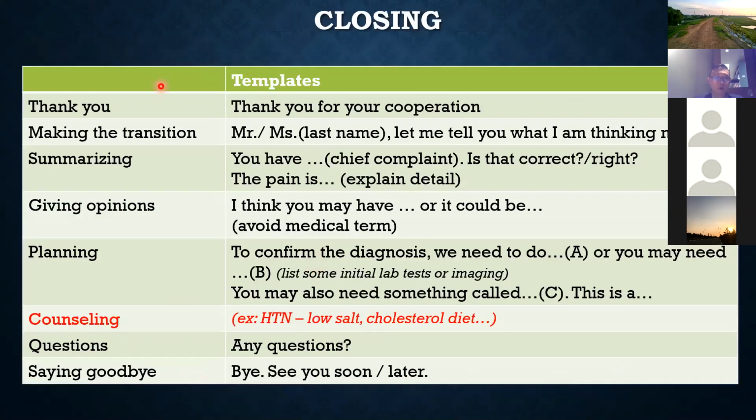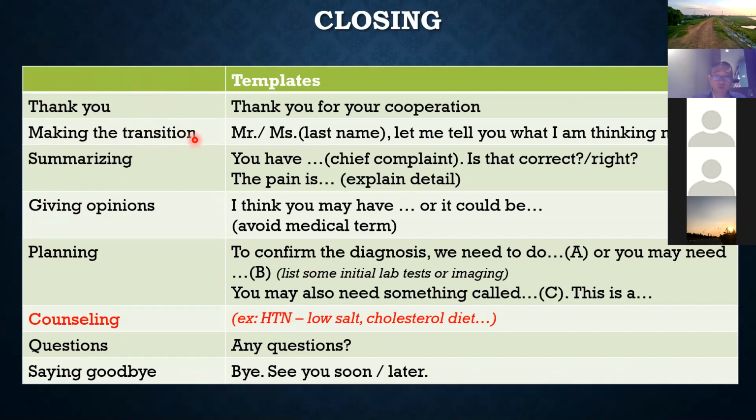For the closing part, we have some points here. After we finish the history and physical examination, we say thank you to the patient. And in the next part here, we summarize all the information that we just obtained from the patient. Why do we have to do that?